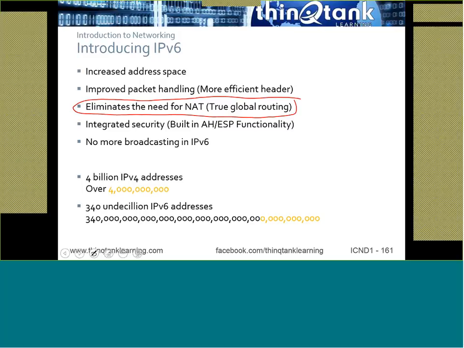Private addressing means addresses that are usable, but they're not routable on the internet. That was never intended to be something built into IP, this concept of private addressing. It was put into place as a stopgap measure for running out of address space. But it wasn't intended. In fact, a lot of applications had a hard time dealing with this concept of network address translation.